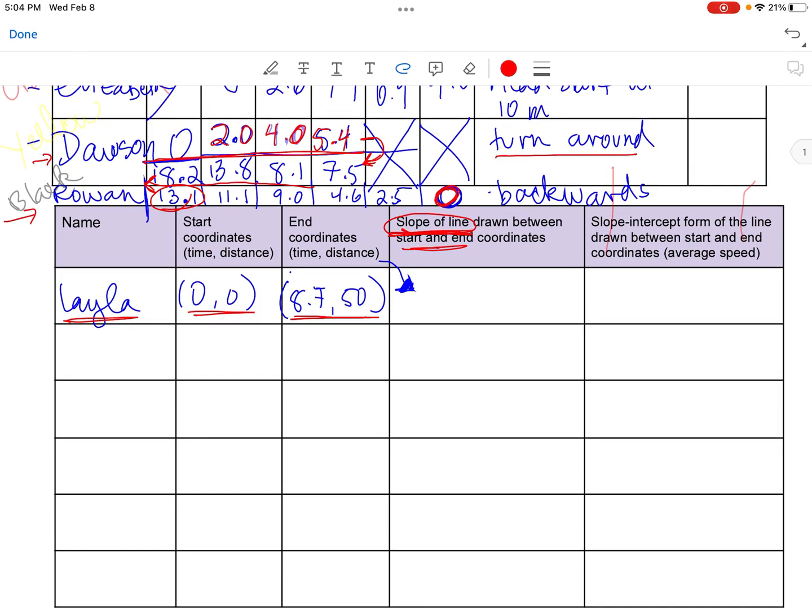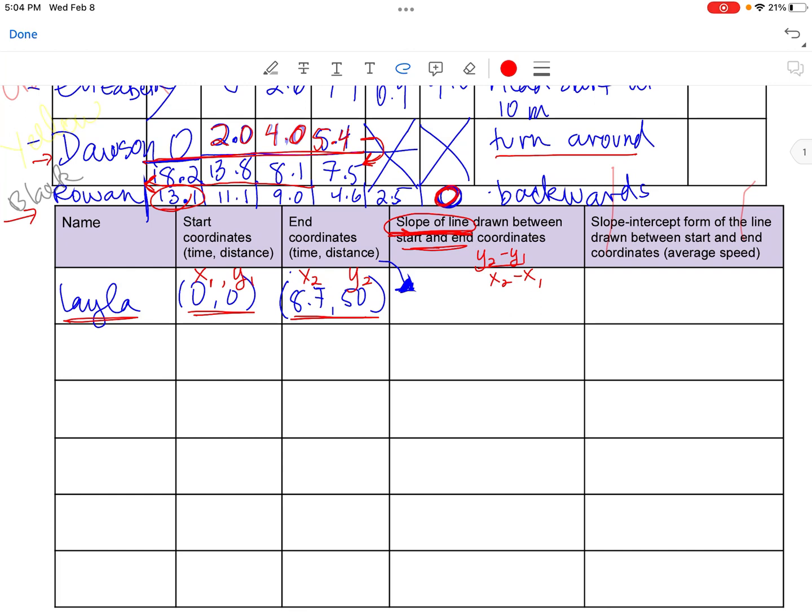And remember that slope of a line, the formula is y2 minus y1 over x2 minus x1, right? We can label the points. The first point is going to be x1 comma y1. The second point is x2, the second coordinate, y2.